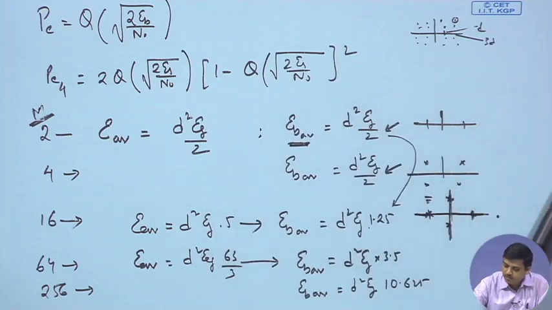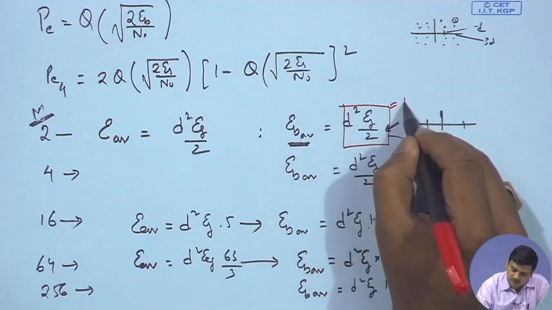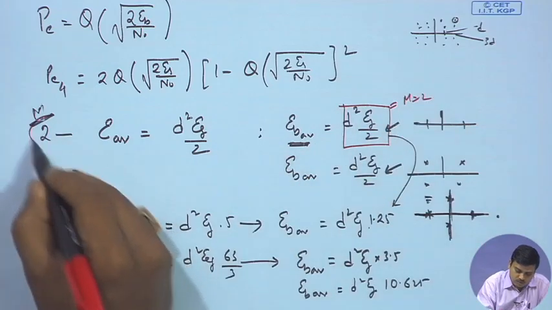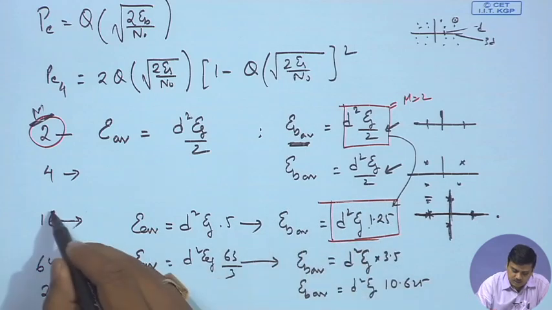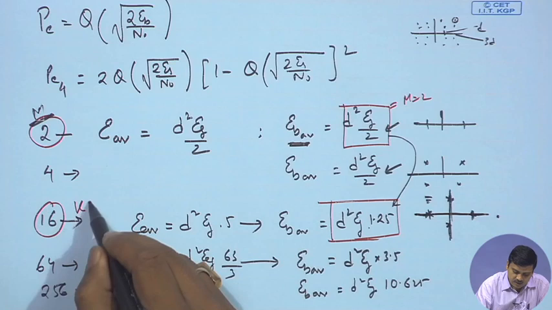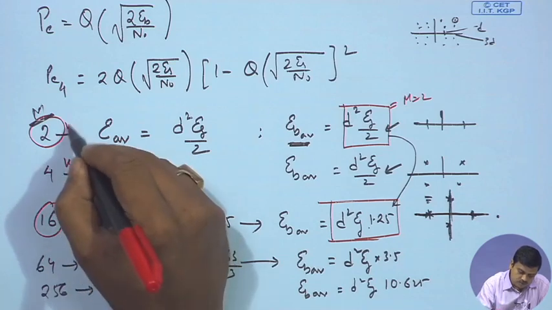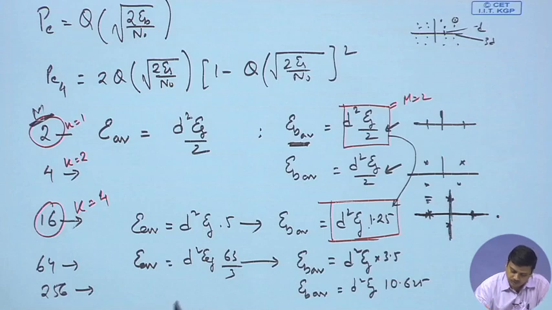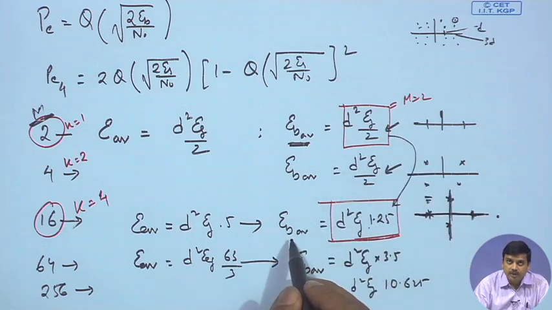So, that means, comparing this, which is for M equal to 2, with the energy per bit required for M equal to 16 or k equal to 4. Here k is equal to 2, here k is equal to 1. What we find is that this requires 2.5 times energy per bit to maintain the same error probability.